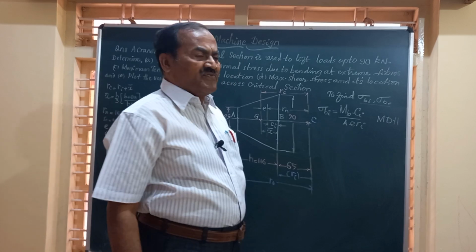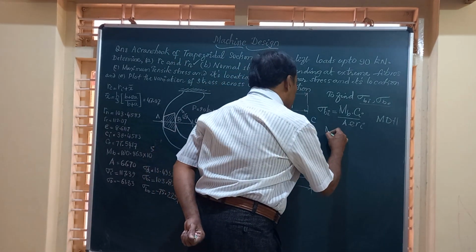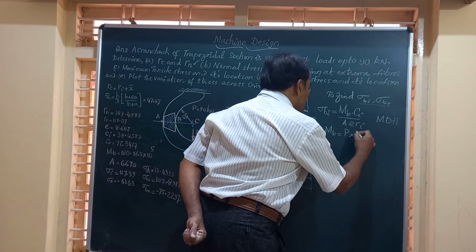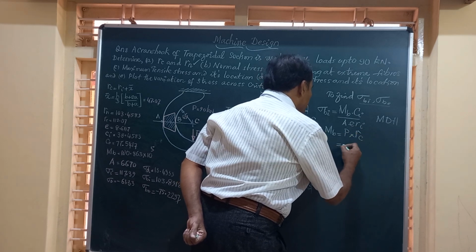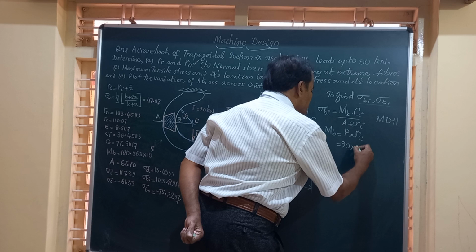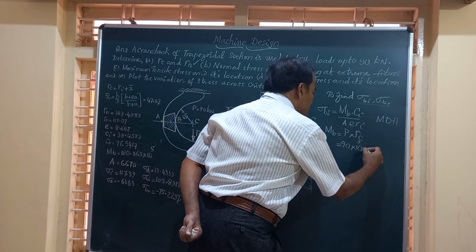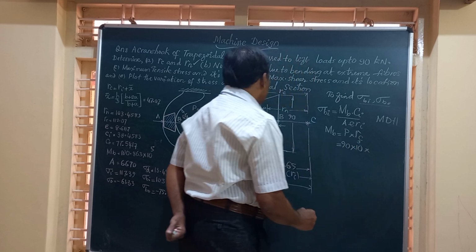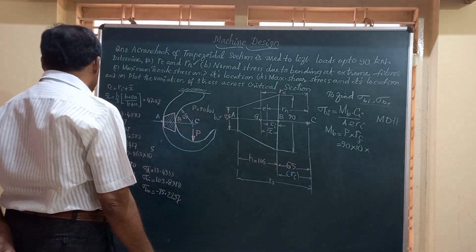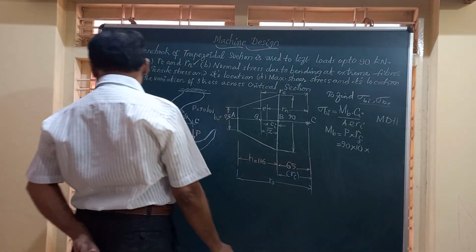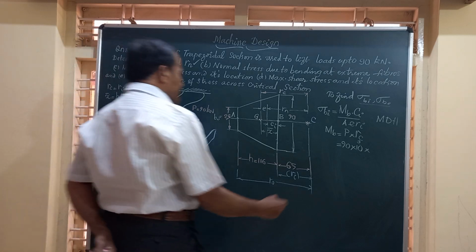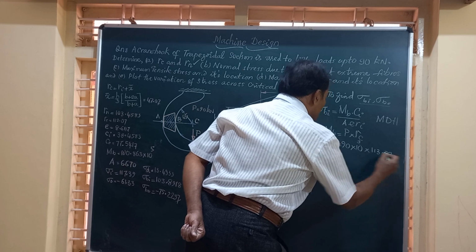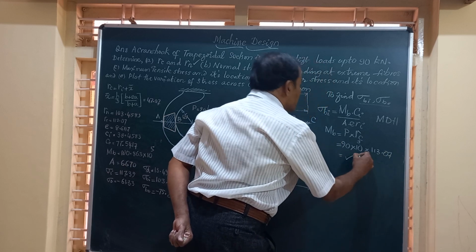What is this MB, friends? This MB stands for the product of P into RC. We know P, it is 90 kilonewton. I am going to convert that to Newton by multiplying by 10 to the power of 3, and the value of this RC is 113.07. So you will get the value of this MB.